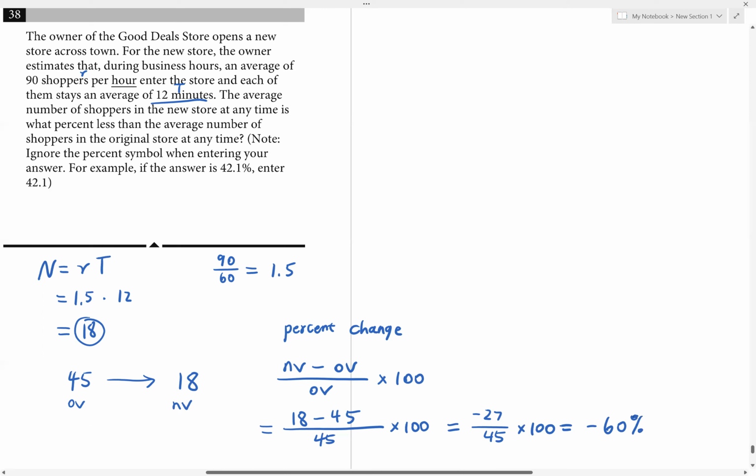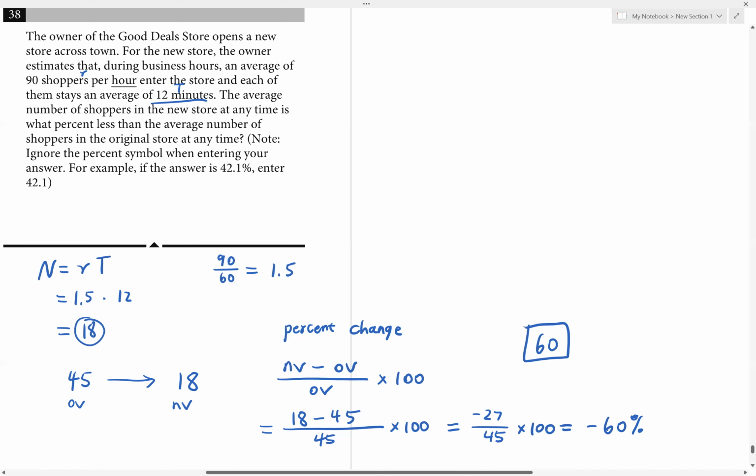For this question, they just want to know the percentage. They already told us it's a decrease, so when we bubble in the answer, we can ignore the negative sign. They also said to ignore the percent sign. So our final answer for this question is just 60. On the Scantron, there's no negative symbol, so we can't really bubble in the negative.